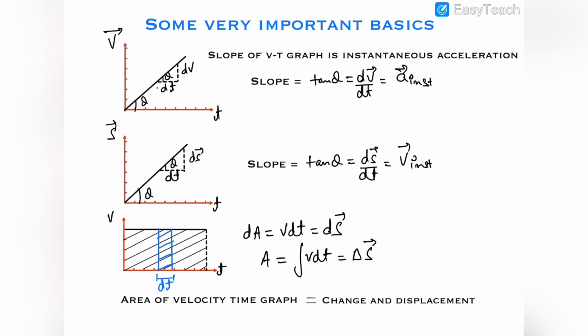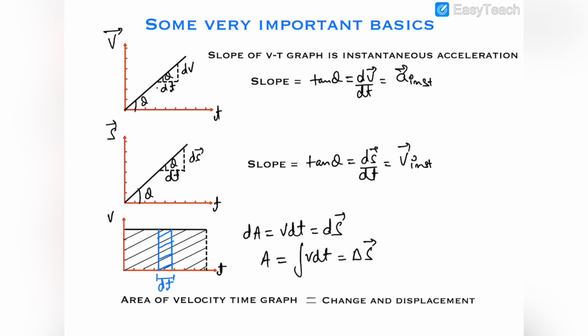You should listen very carefully that we are calculating the area of VT graph which is bounded with the time axis. So this is the VT graph, and this is an element which is touching the VT graph from one end, and its other end is touching the time axis. So this is the element.